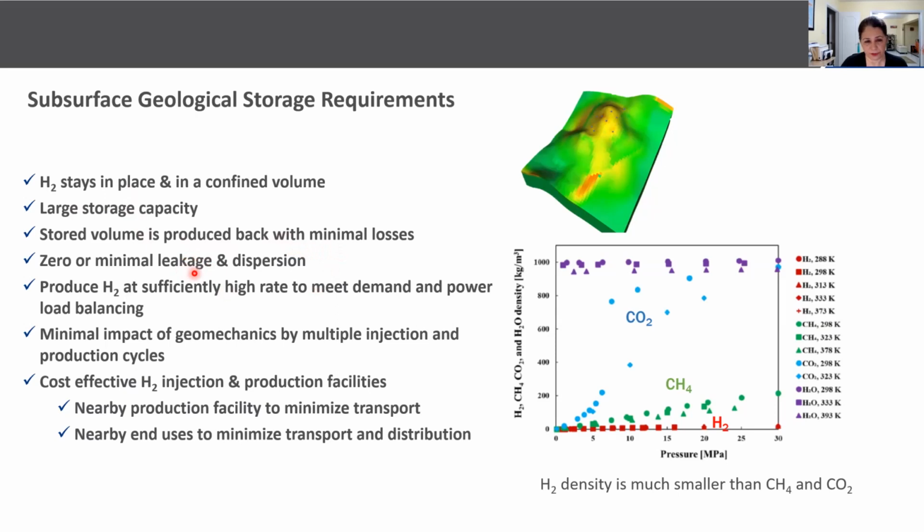Very little leakage and dispersion, of course. And be able to produce hydrogen at a high enough rate to meet the demand and the power load balancing. So you have to be able to rely on how much you can produce and convert to electricity. Minimal impact of geomechanics, because you're constantly injecting and producing in these cycles, and the rates might be high.